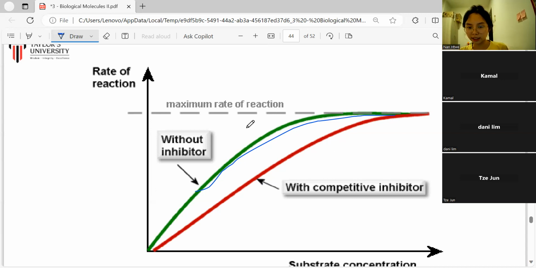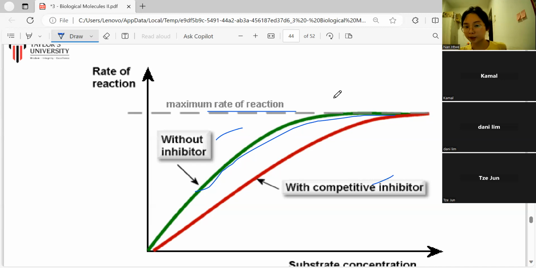You can see that here, at last, both without the inhibitor and with the inhibitor reach the maximum rate of reaction. It only takes a little bit more time to reach the maximum rate of reaction. Try to remember this graph, all right?